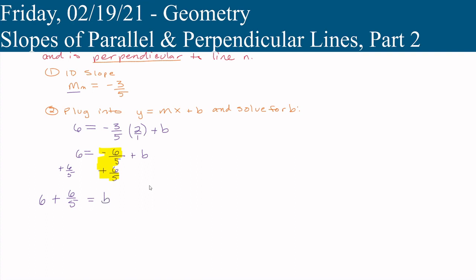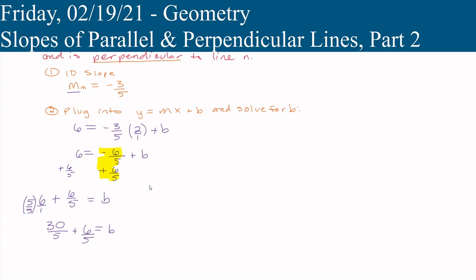Now, I would like to combine these guys, but I need a common denominator. Remember, under the 6, there's a little invisible 1. And I'm going to multiply this 6 by 5 over 5 to give me that common denominator. So you multiply across. 5 times 6 is 30 over 5 times 1 is 5 plus 6 over 5 equals b.